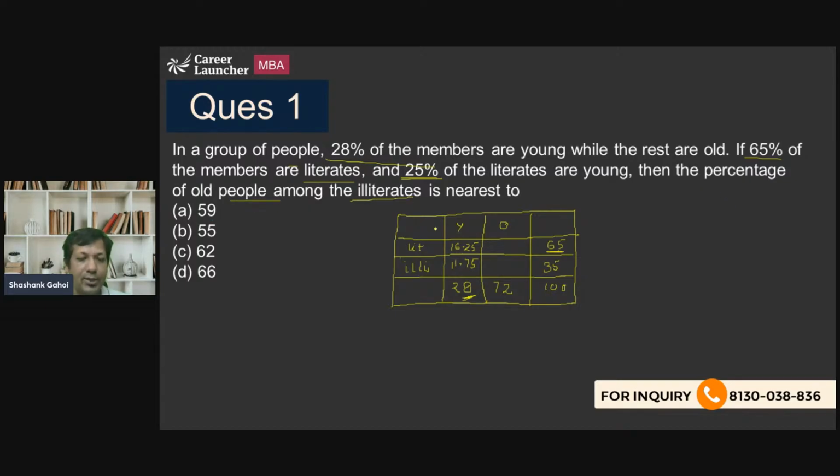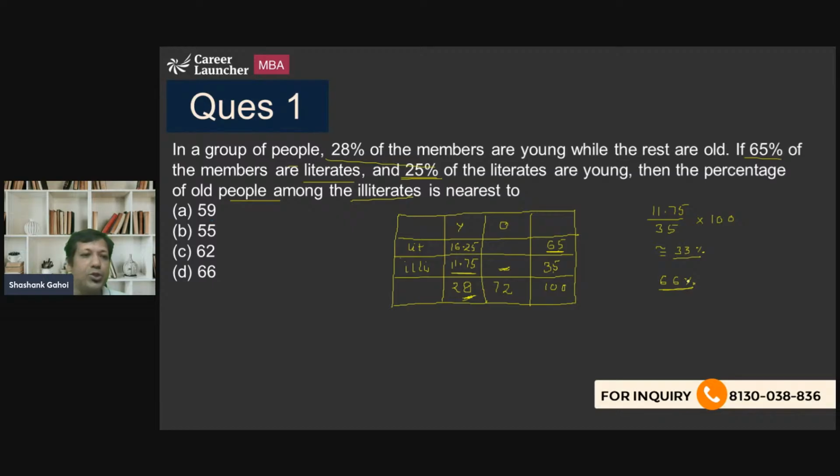How many young people among illiterates? That is 11.75 divided by 35 into 100, so this value is close to 33%. You can say 12 by 36. So old people among the illiterates is going to be close to 66-67%.